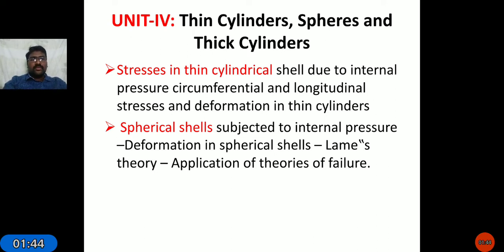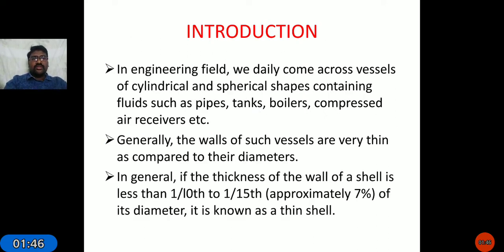Coming to the introduction, we observe the application of thin cylindrical shells or pressure vessels in the engineering field in many cases.